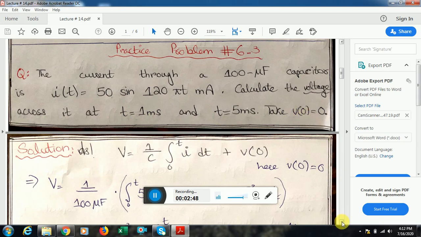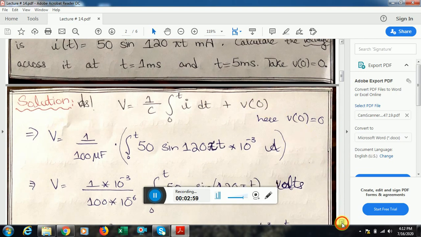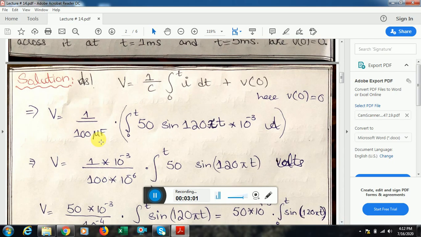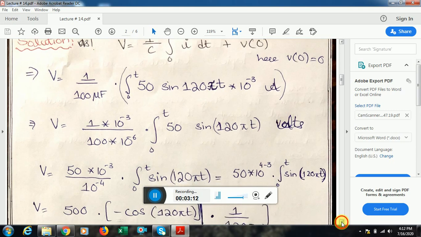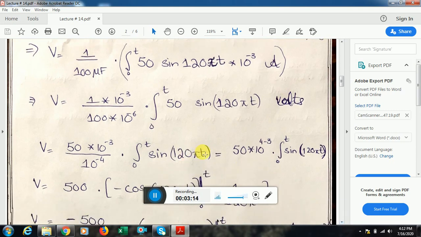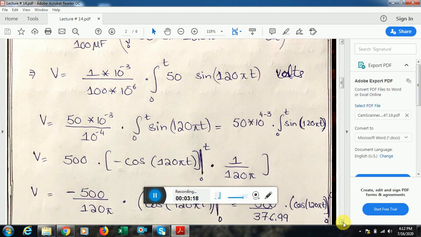We use the same formula for voltage as in the previous example. v of 0 is 0, so I'll insert plus 0 over here, which we do not need to show. By inserting the value 100 microfarad and the current equation given in the question, and simply removing the constants from the antiderivative and taking the antiderivative of sine, which is minus cos of the angle, the integral of the angle should also be there.